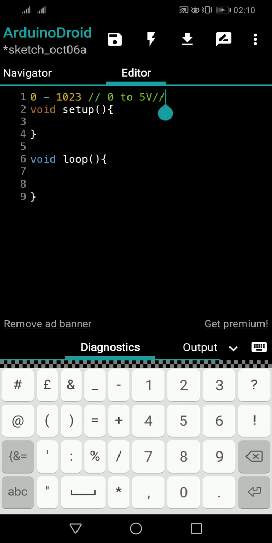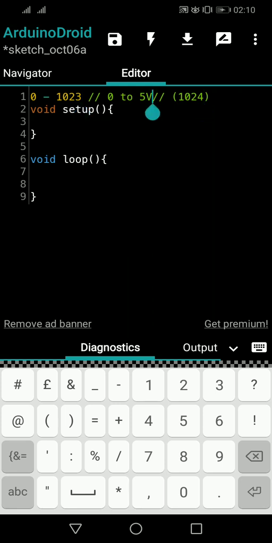Why? Because, as I already said, we broke that 5 volts into 1024 pieces, starting from 0 to 1023. So 0 volts will be 0, and the maximum 5 volts will be the maximum value. You understand what I am talking about?